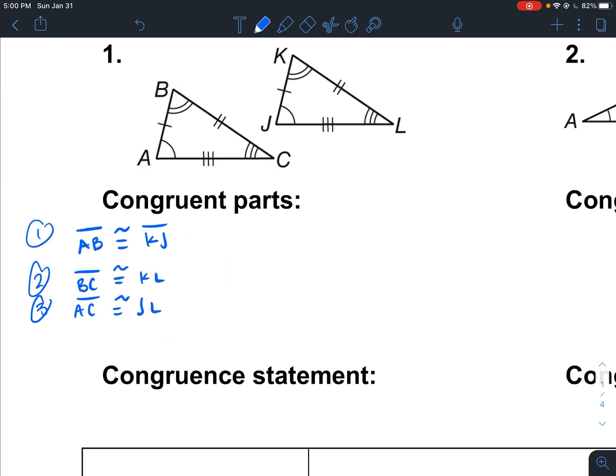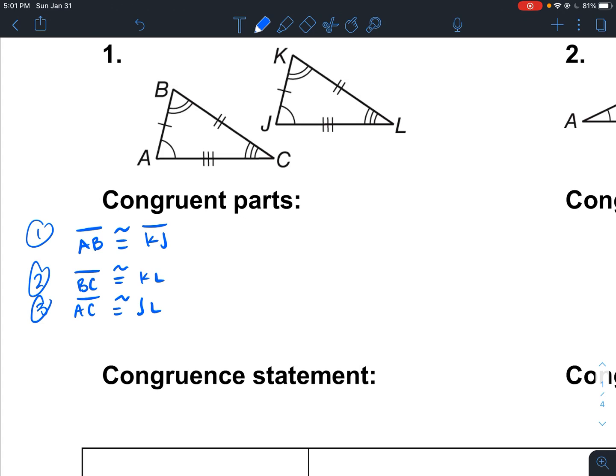Now let's talk about the angles that are congruent. For angles, you'll see a lot of times it's written as angle A, angle B. However, you'll see in just a second that we can't always write it like that. So right now it will be okay.